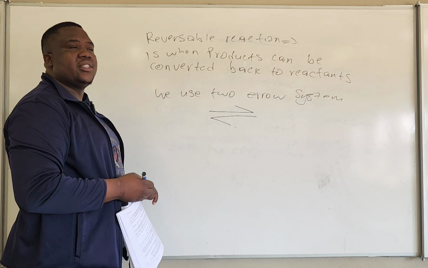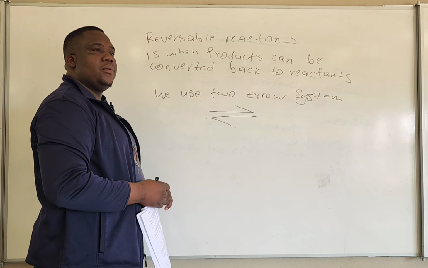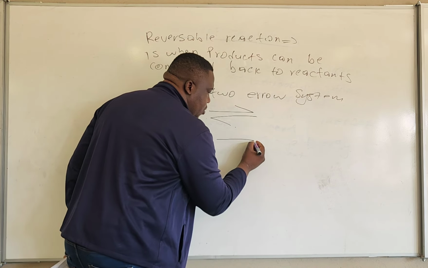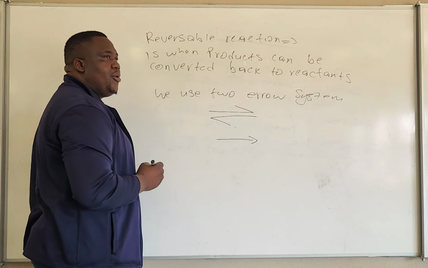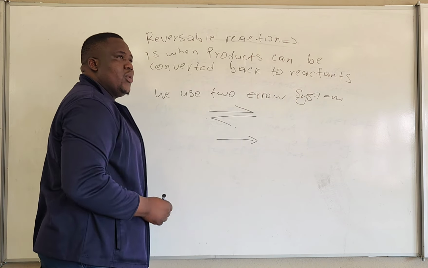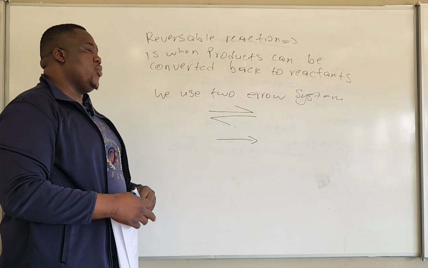Sometimes in the reactions that we have come across from grade 10 and 11, you'll find we have only one arrow which is pointing forward. This arrow means that the reaction is not a reversible reaction.